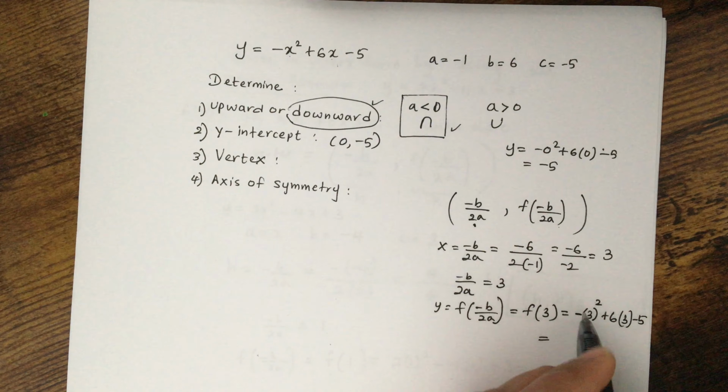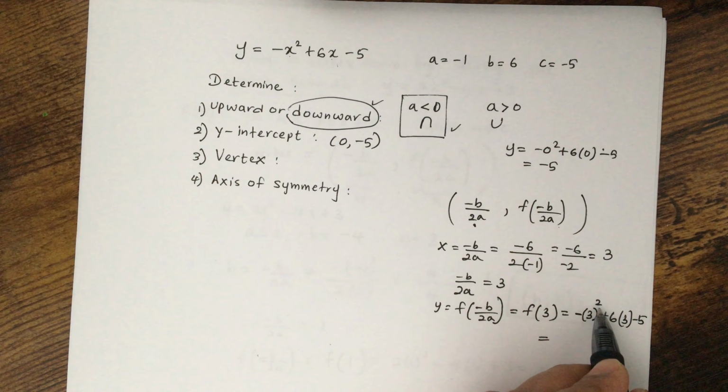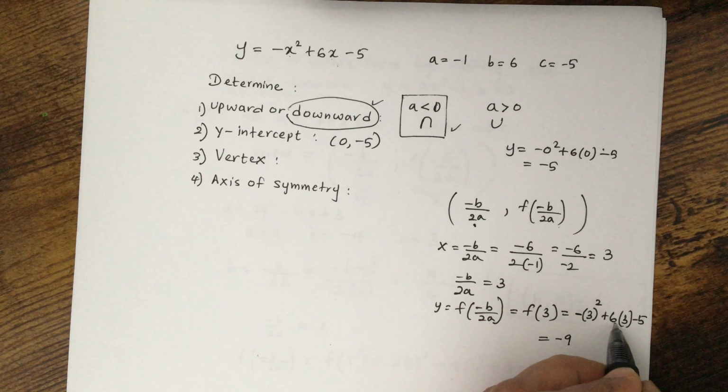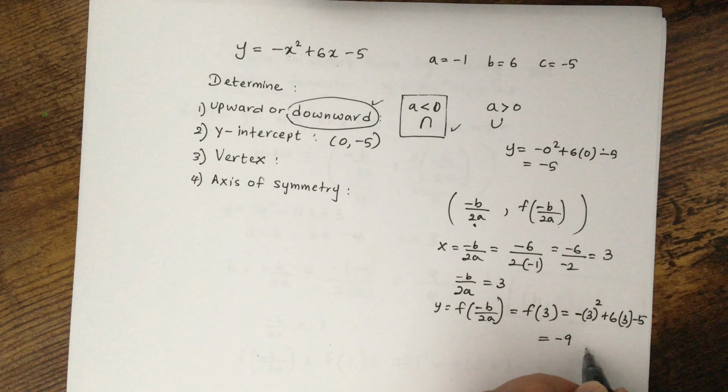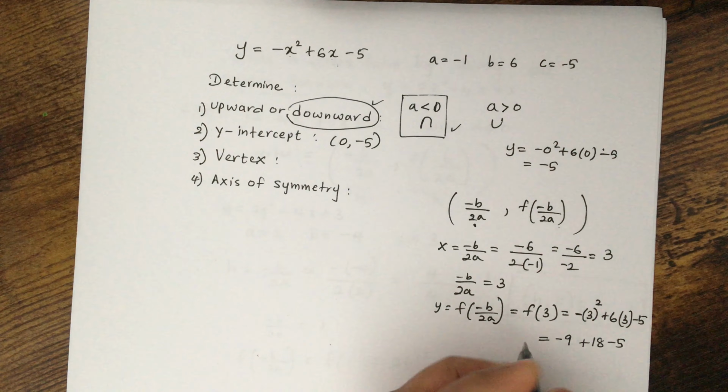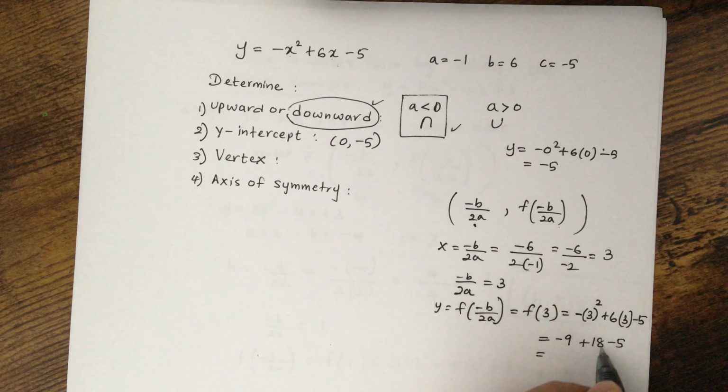And what is the answer? 3 square is 9, so I have negative 9, right? 3 times 6 is 18, and I have negative 5 here. So you have negative 9, negative 5 is negative 14, and positive 18.